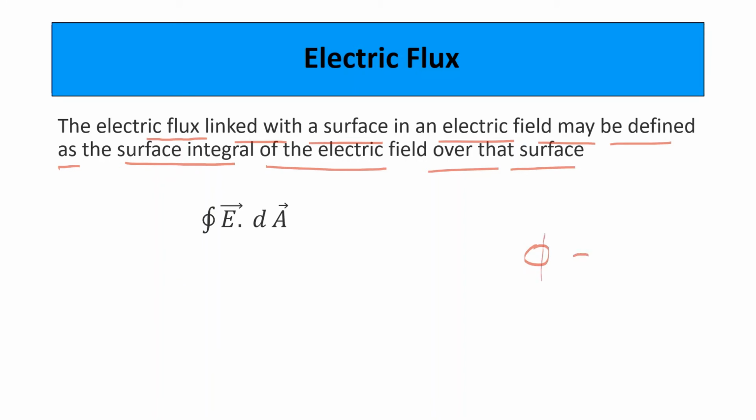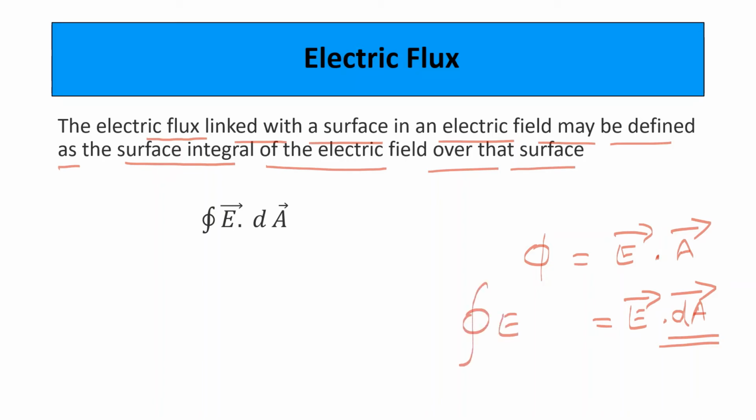Flux phi is equal to E dot A. That is what we learned. Here, when we consider the small element, you will put dA. That's all, E dot dA, and you need to integrate this. Closed integral of E dot dA will give you the electric flux.